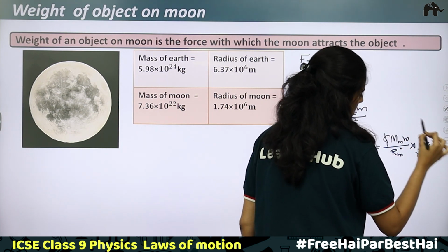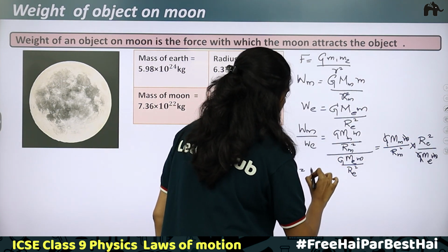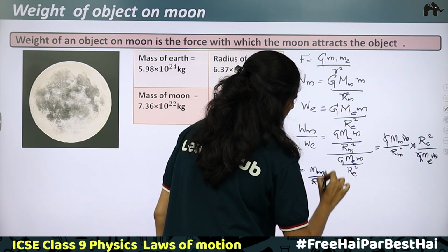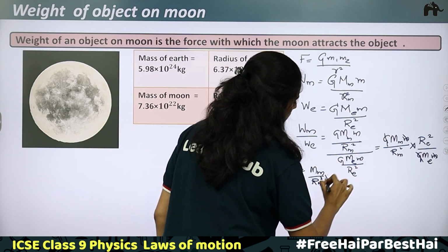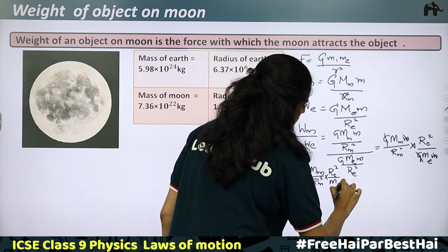So G gets cancelled, m gets cancelled, then you will have mass of moon by radius of moon square into radius of earth square divided by mass of earth.